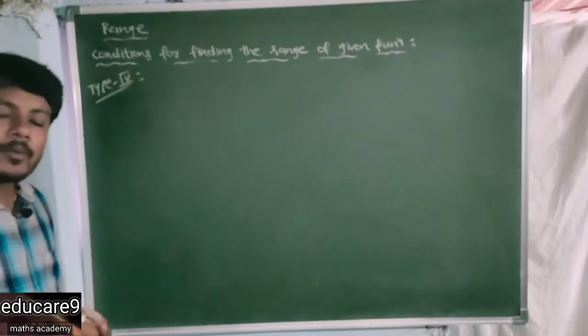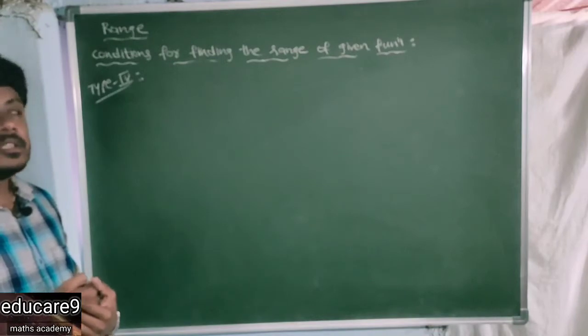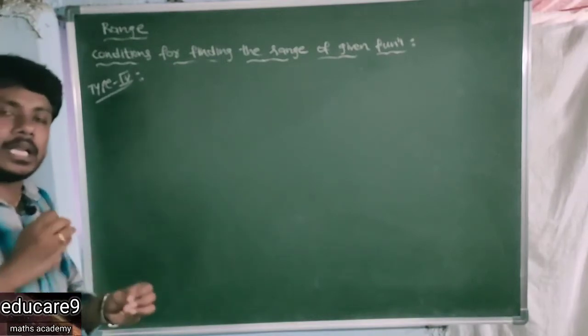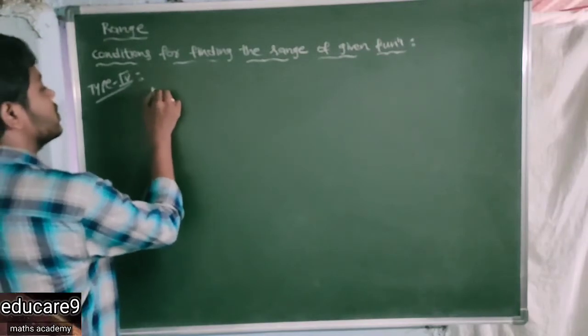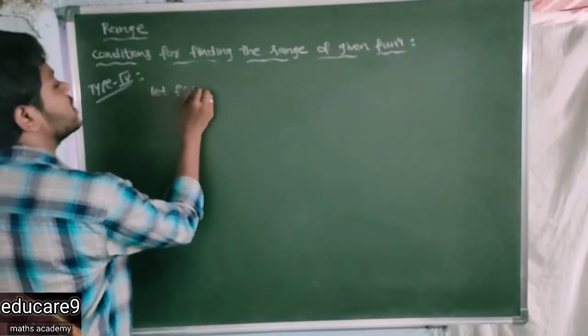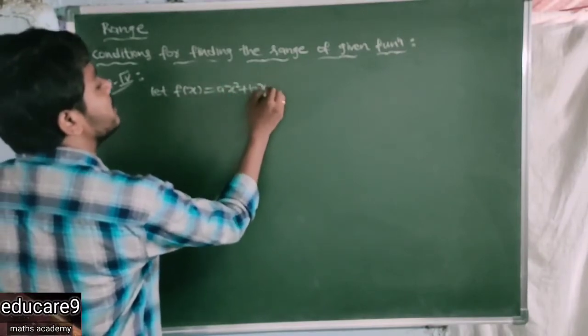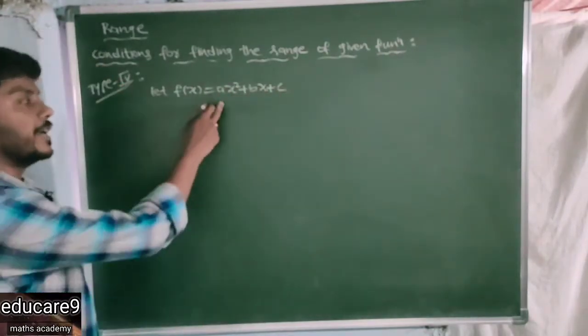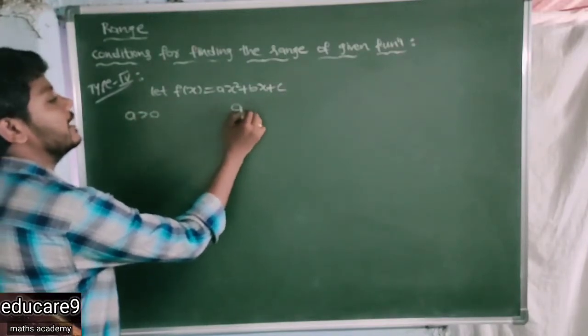So next, type 4. If any quadratic equation is given, in that case we have to find the range of that function. See here, let f of x is equal to ax square plus bx plus c be given. There are two conditions: a is greater than 0, a is less than 0.